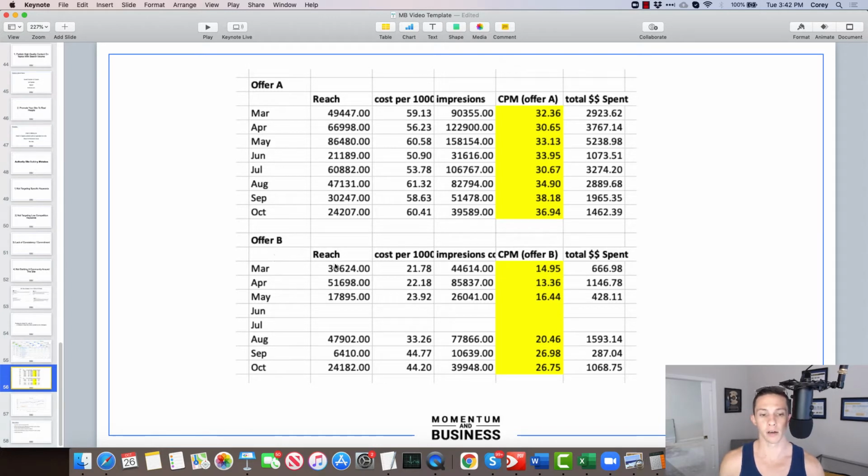Offer B was run for a few months, then we stopped it for 2 months, and then it's since been resumed. I do that with specific offers depending on a number of factors, seasonality, or if other offers are competing for the same audience but are more profitable, we'll turn off the lower profitability offer, etc. So somewhere around here, for some reason, June and July, offer B was turned off.